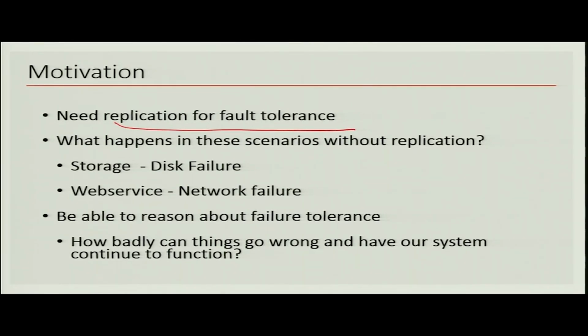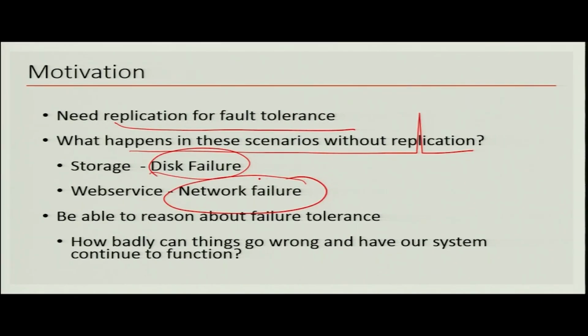If you do not have replication, what could have happened? First of all, you can have disk failure, and in case the service is over the network, you may have network failure. So, you have to be able to reason about failure tolerance, which means that if one replica or more replicas fail, when can I guarantee that the service will still work correctly as far as the client is concerned?